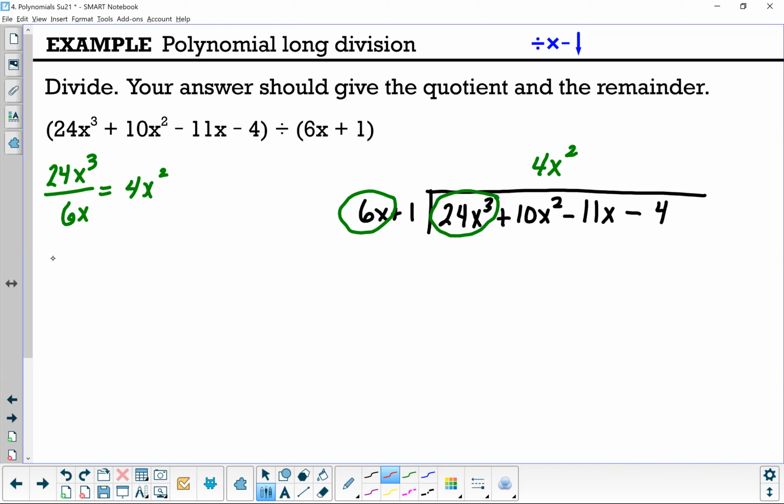Multiply 4x squared to our divisor, 6x plus 1. So that's going to give us 24x cubed plus 4x squared. There we go.